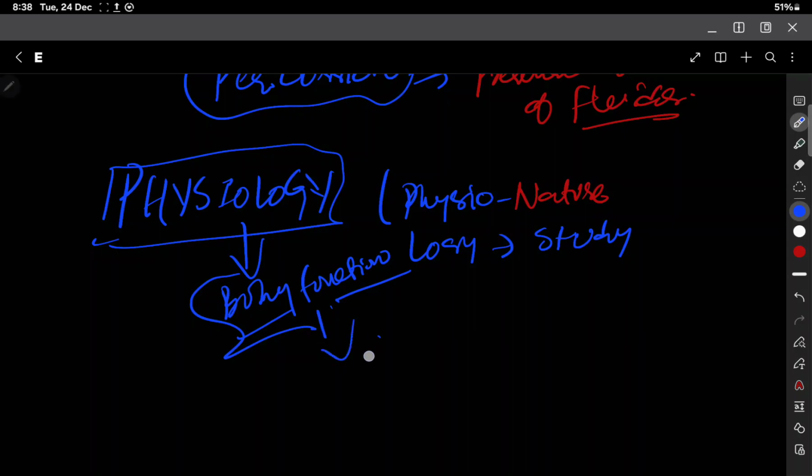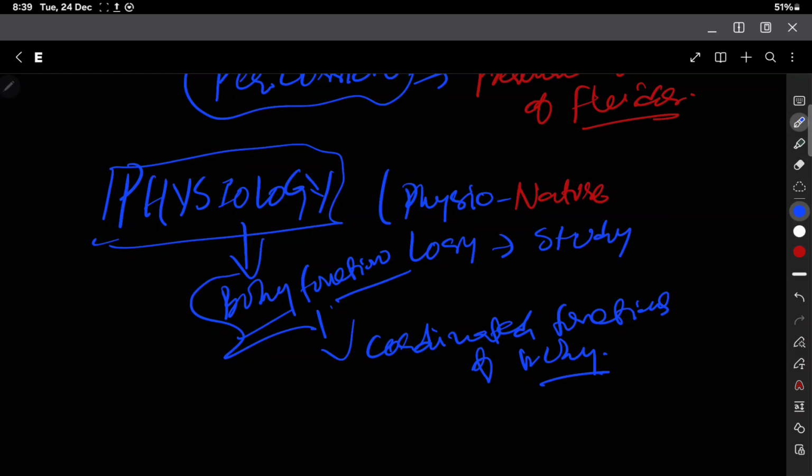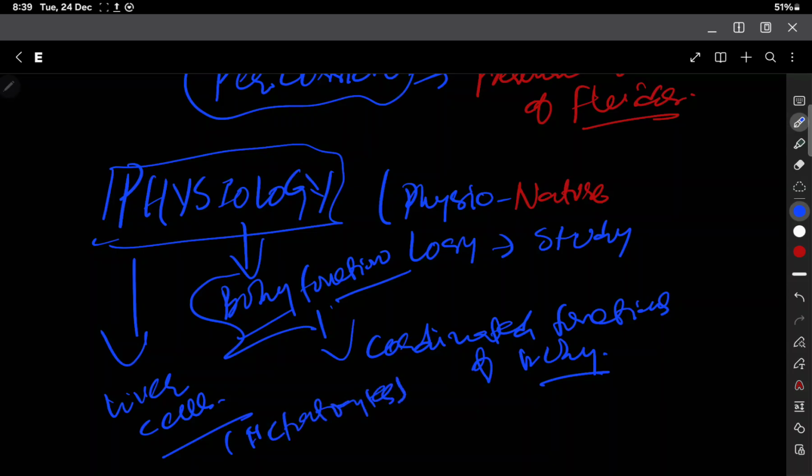So it is the study of coordinated functions of body parts to synchronize all the activities of the human body. For example, take the liver cells, hepatocytes.